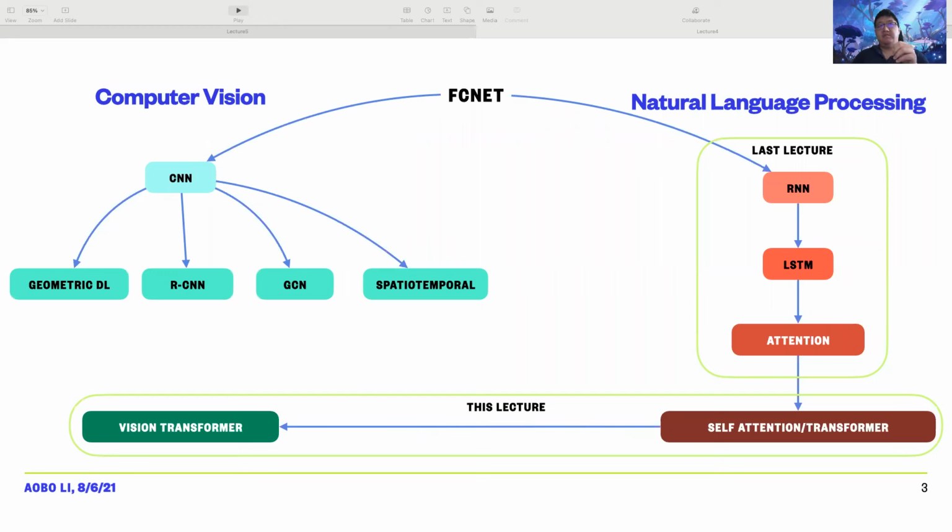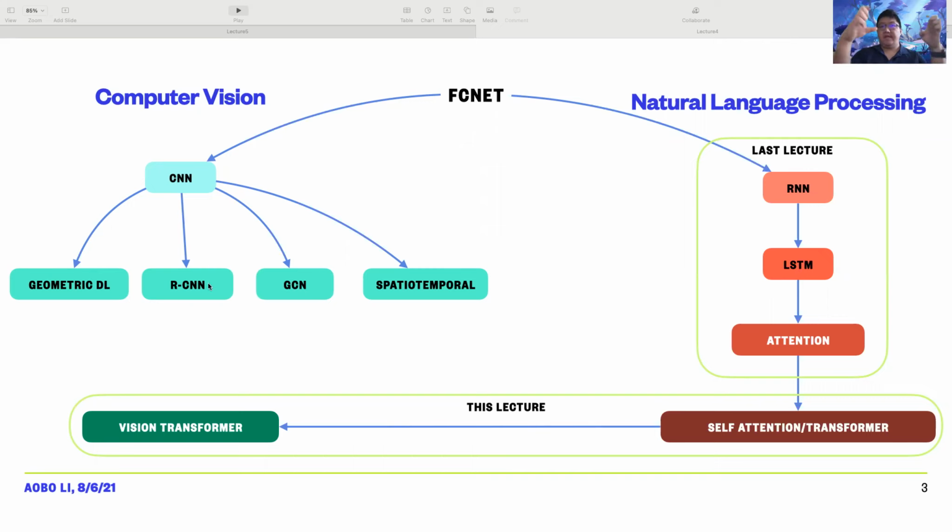So we started with, of course, the fully connected neural network we went through in the first class. And then, as I mentioned, the machine learning community kind of split into two schools dealing with two different kinds of problems. The part of machine learning that deals with images is called computer vision, and computer vision mainly utilizes the convolutional neural network model. To solve specific problems, for example, images on a non-flat surface, we use geometric deep learning.